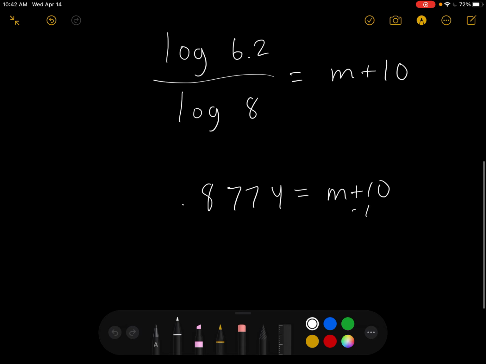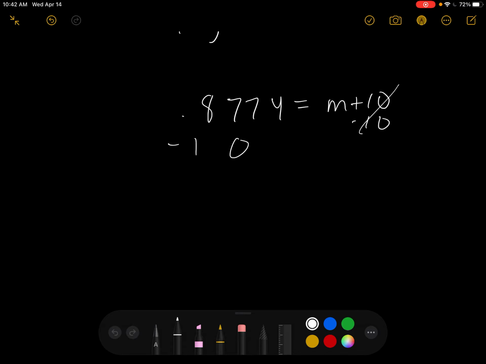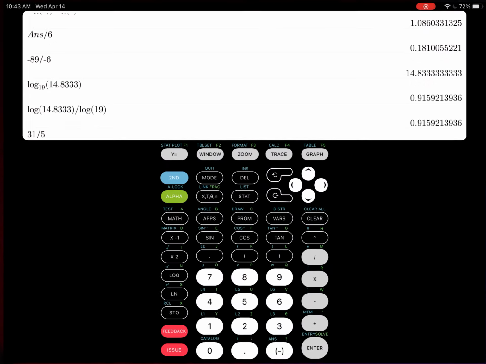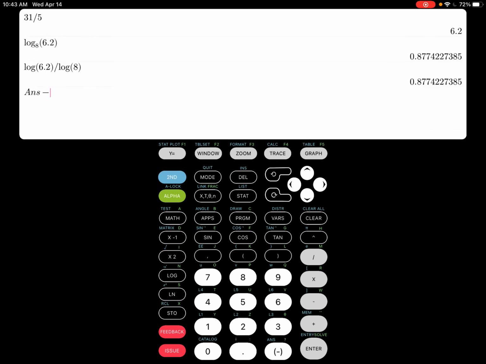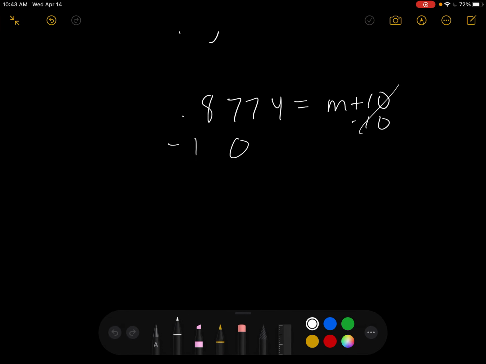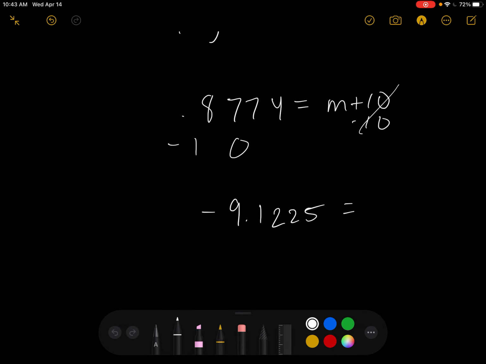Now you're going to subtract 10 from both sides. You're going to need a calculator for this part, right? Cancels out here. So you're going to go back to your calculator, and if you have it up still, just type in minus 10, because remember, ans uses your previous answer, minus 10, and you get negative 9.1225. So negative 9.1225 is equal to m.